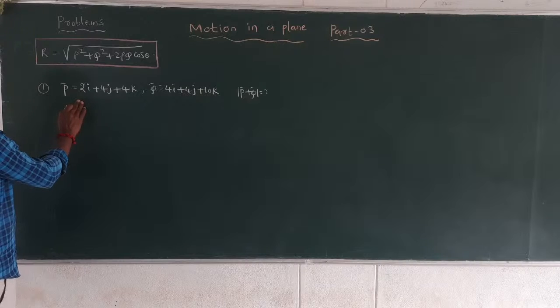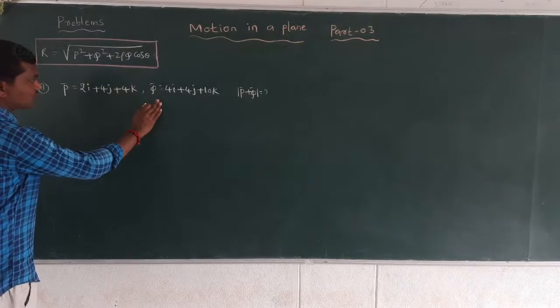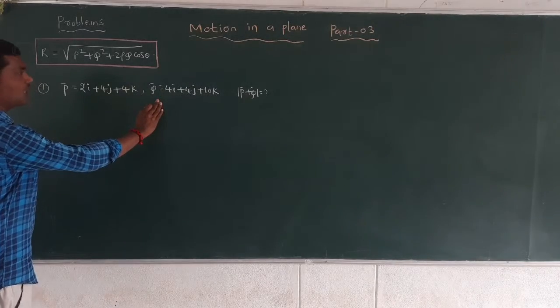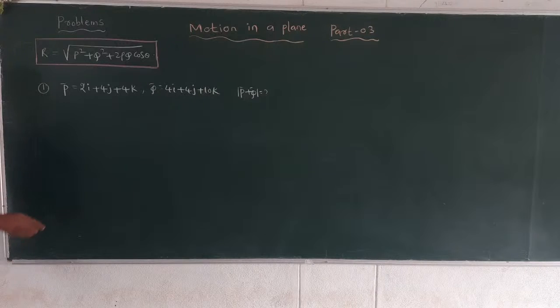The given vectors are P is equal to 2i plus 4j plus 4k and Q is equal to 4i plus 4j plus 10k. Next, we can add the two vectors.